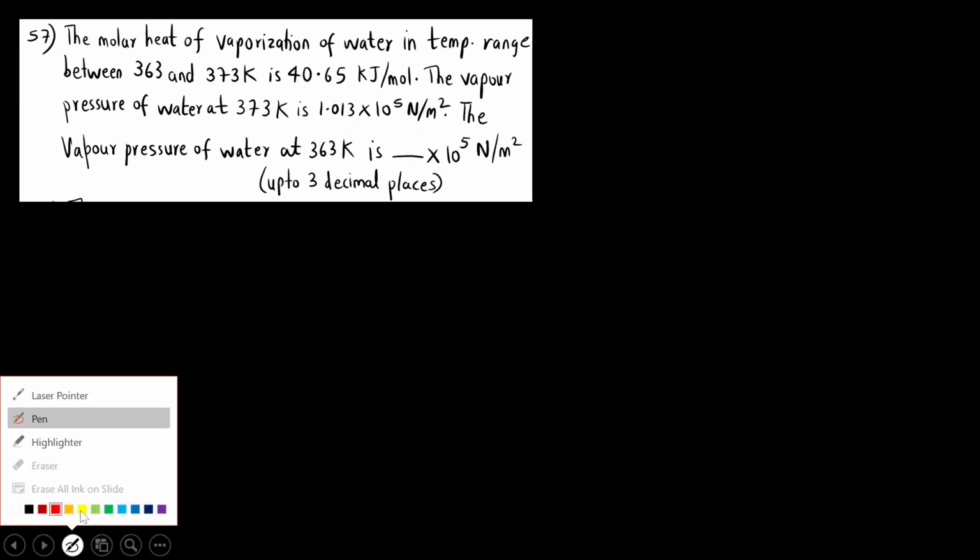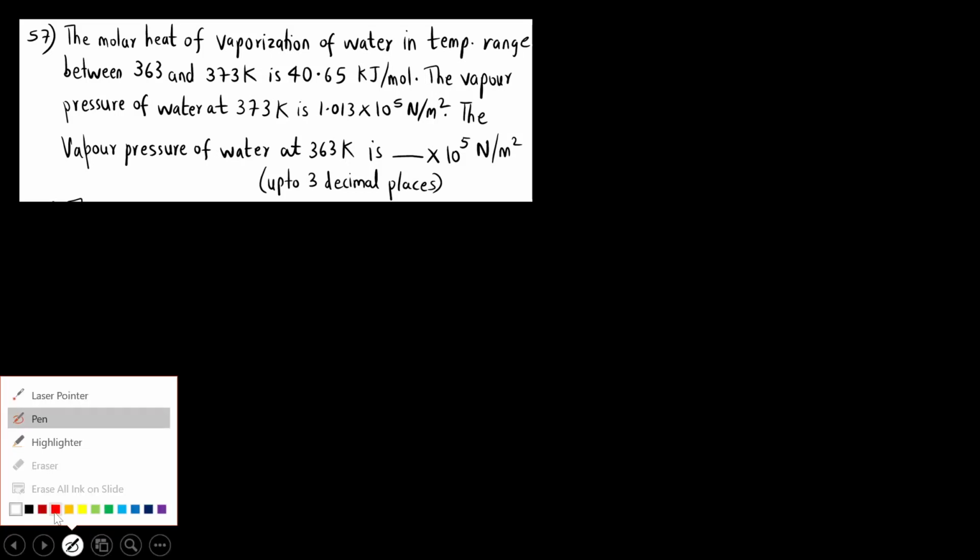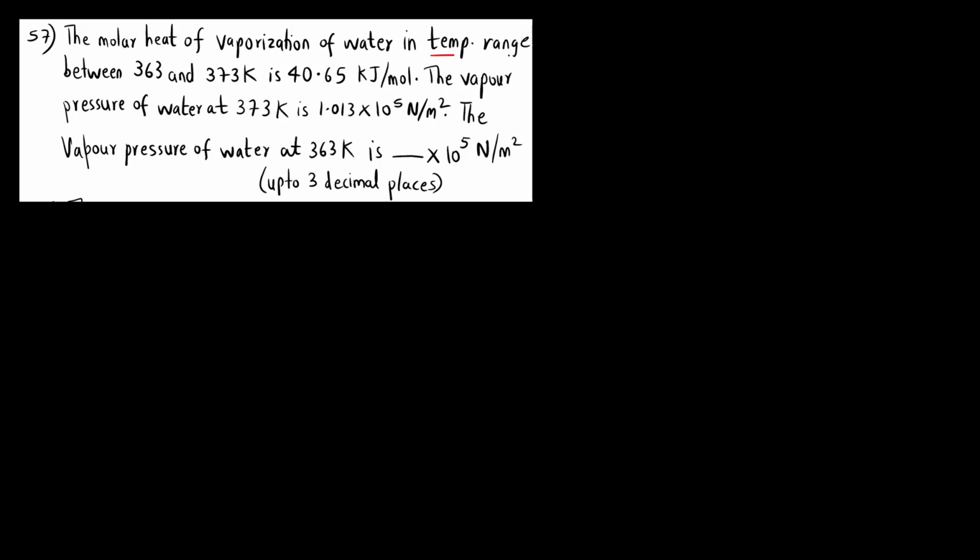Next is 57. What is given to us? Let us write down the given data first. Molar heat of vaporization in the temperature range 363 and 373. Higher temperature T2 is 373 Kelvin. T1 is 363 Kelvin.